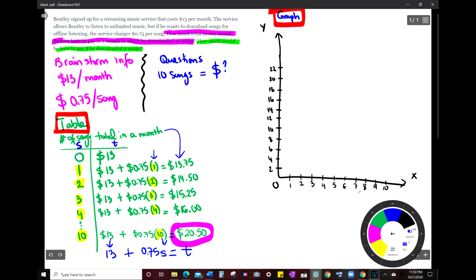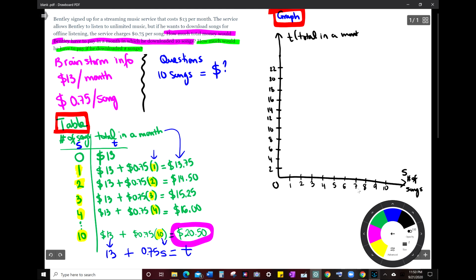Alright, so we can start sketching it. At 0 songs, I need to label this not X but S, standing for number of songs. And instead of Y, I will have T, which is the total in a month.